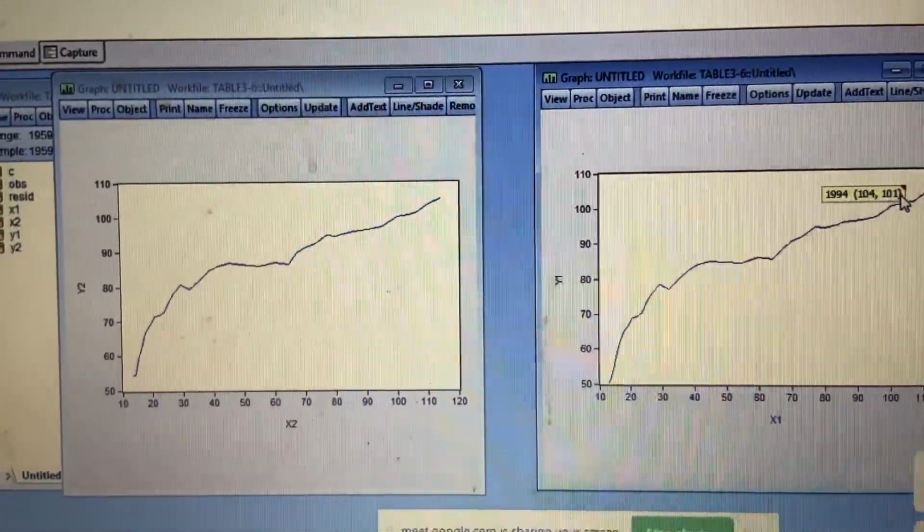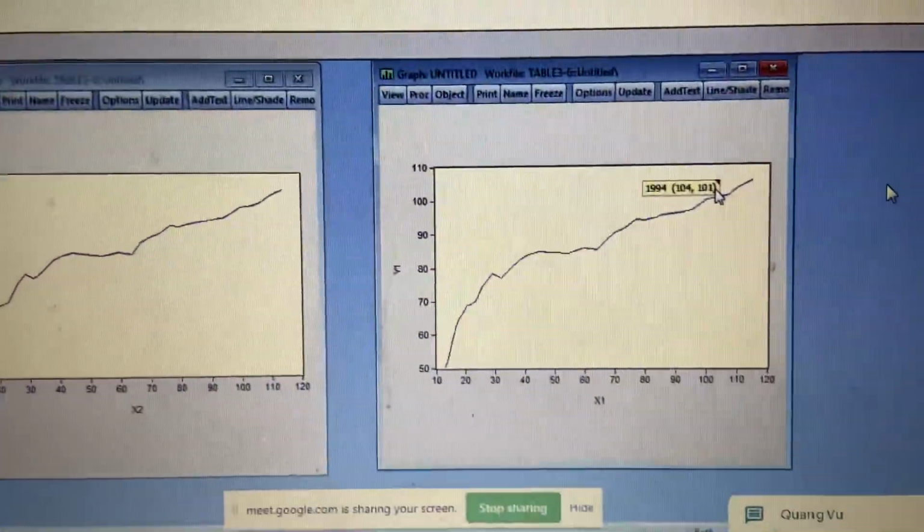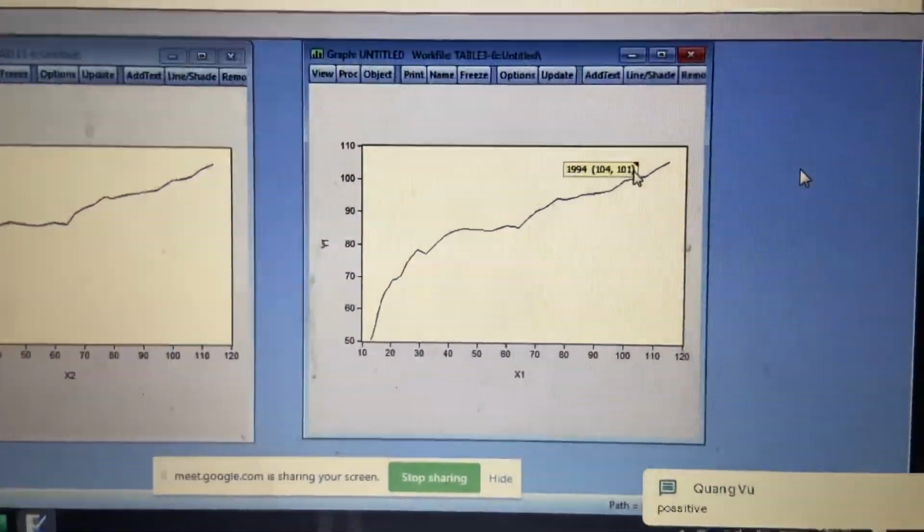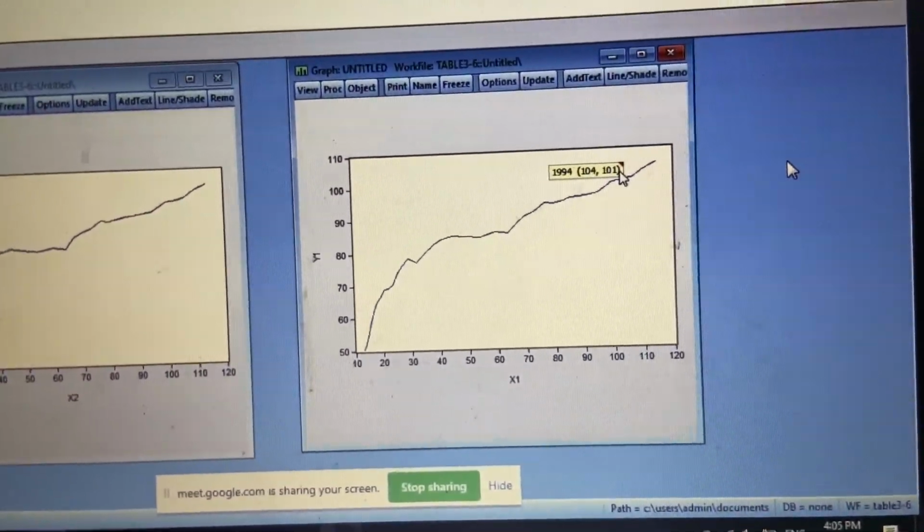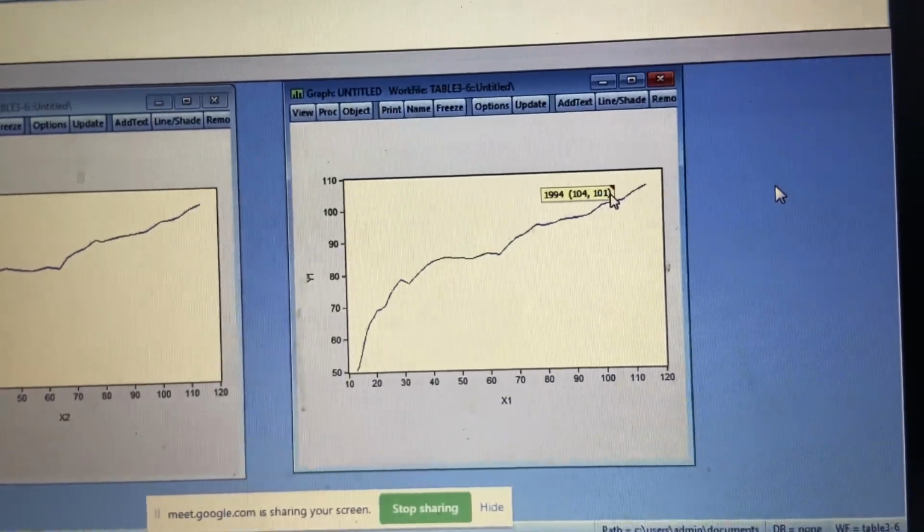Okay. So we have X is the output and Y is the compensation, right?